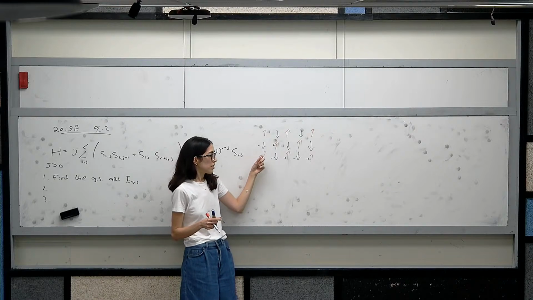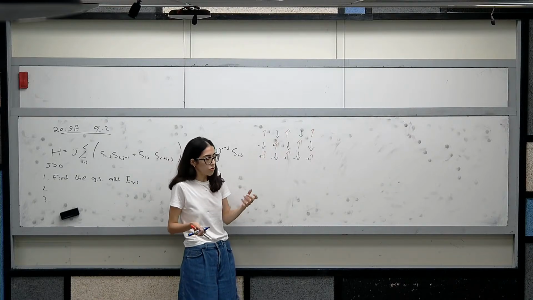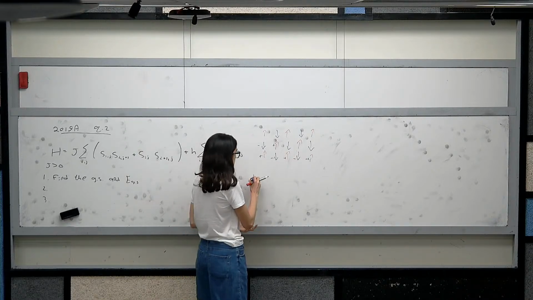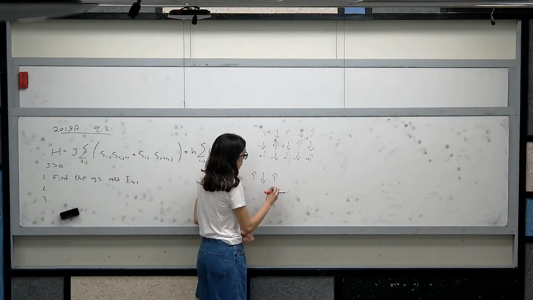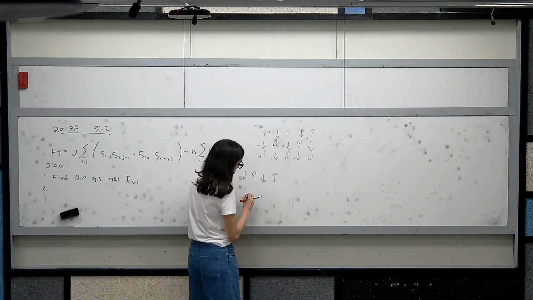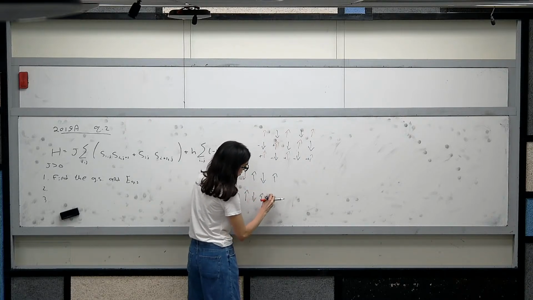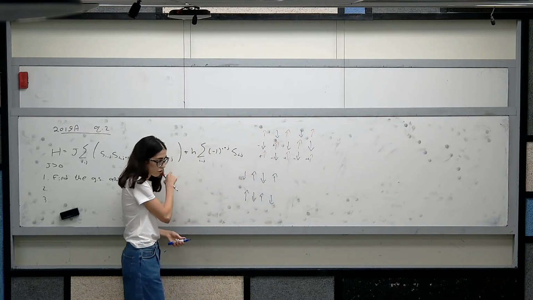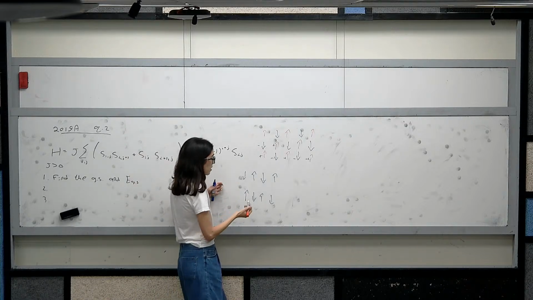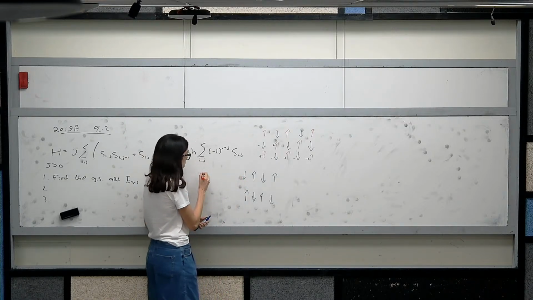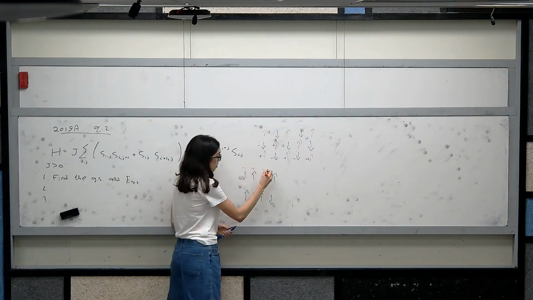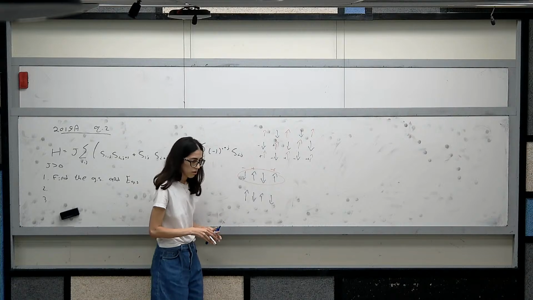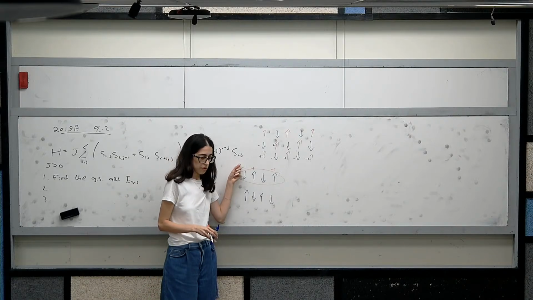The system wants to align with the direction of the magnetic field. So I could have either that state or that state, and those two are equivalent from the interaction point of view. If I had a magnetic field that looked like minus plus minus plus, the system is going to choose that direction because it's aligned with the magnetic field.